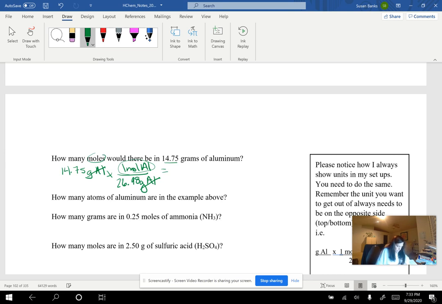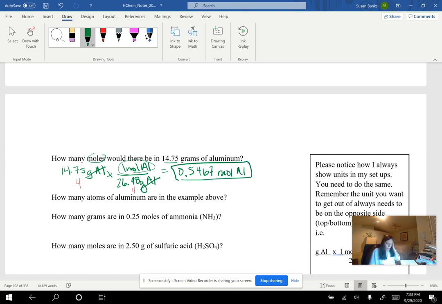That's asking for moles. So I'm going to take 14.75 and I'm going to divide by 26.98. Now notice I have 4 sig figs here and 4 sig figs here. So I can report 4 sig figs. So when I do the math here, I will get 0.5467 moles of aluminum.